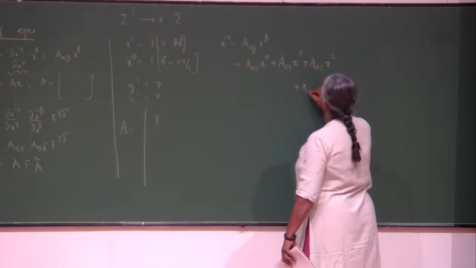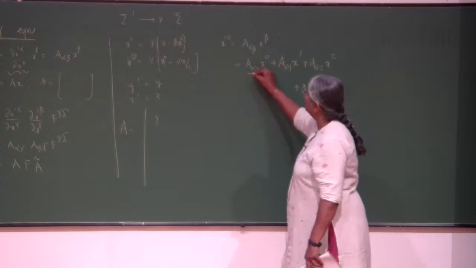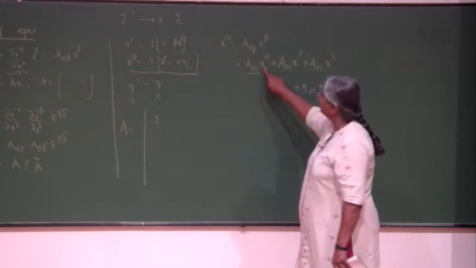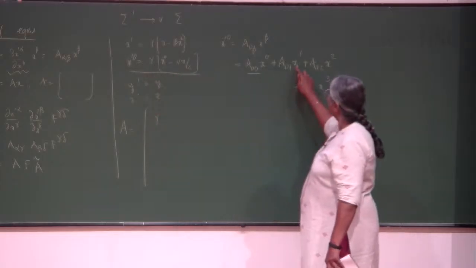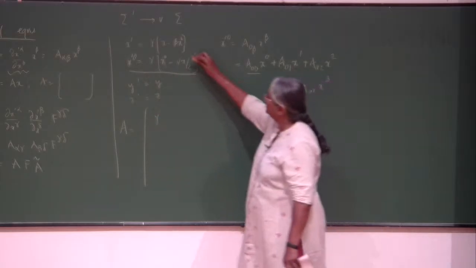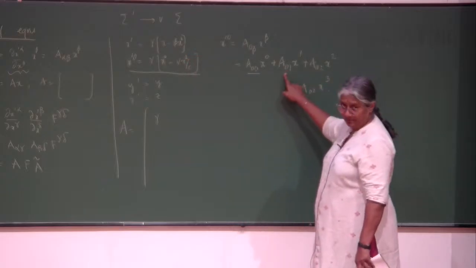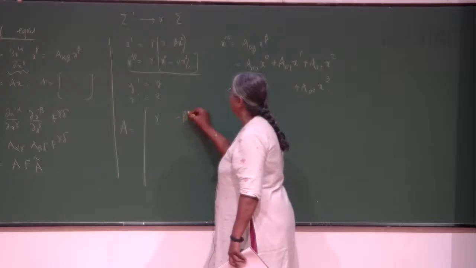Can you still see the board? Yeah. So you have written A 0 0 by looking at this equation and looking at the x naught component. A 0 0 was gamma, right? So now you have to look at the x1 component, and x is simply x1, right? So what is the component here? Yeah, so V by C is beta, so it will be minus beta gamma.